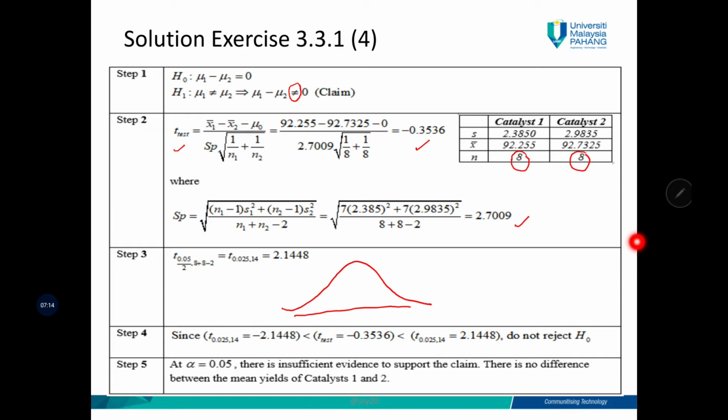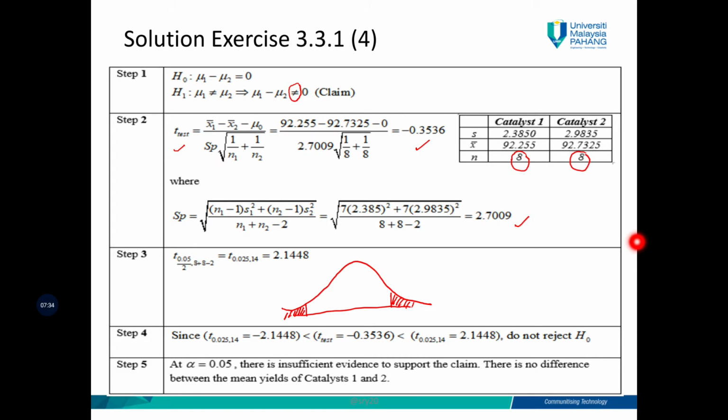Since this is not equal to, there are two rejection regions, because this is a two-sided test. So we need to divide our alpha by 2.